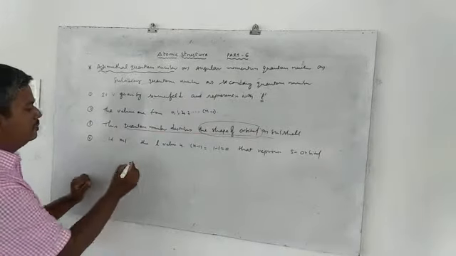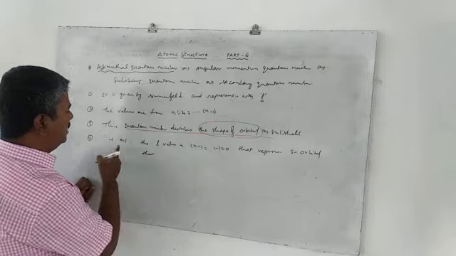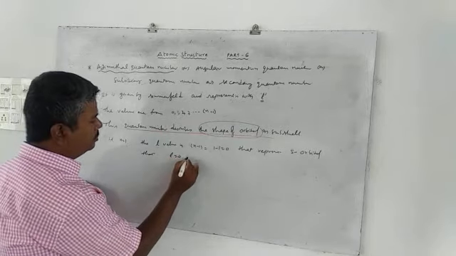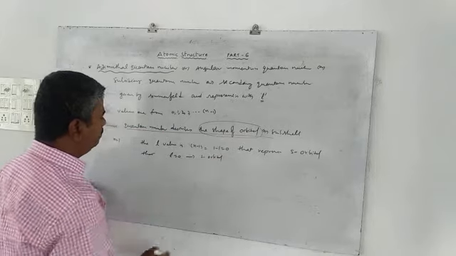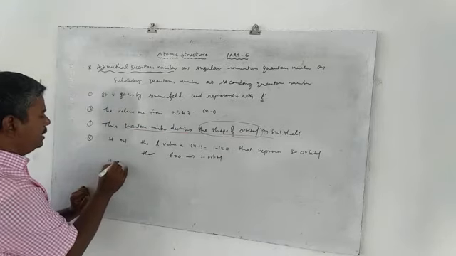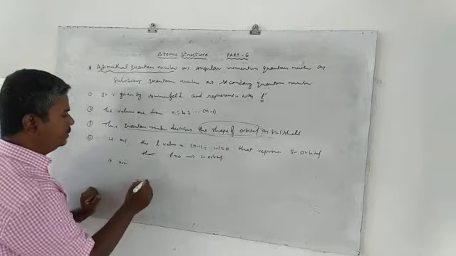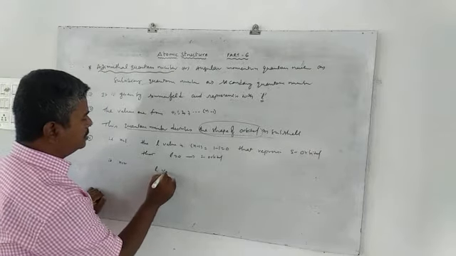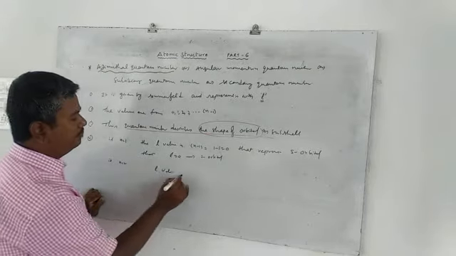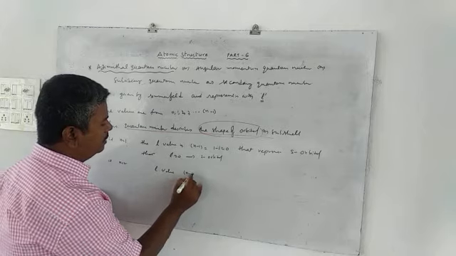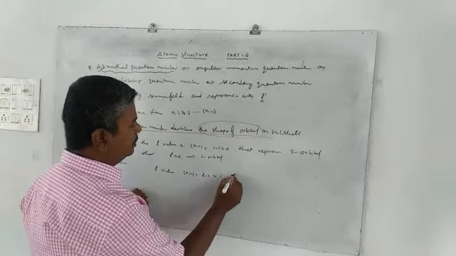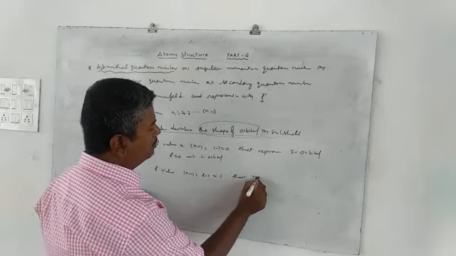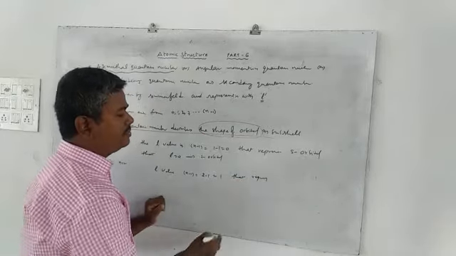That means for n equal to 1, l equal to 0, that represents which one? S orbital. As well as if n equal to 2, the l value is which one? n minus 1, that is 2 minus 1, that equals which one? 1. That represents which one?